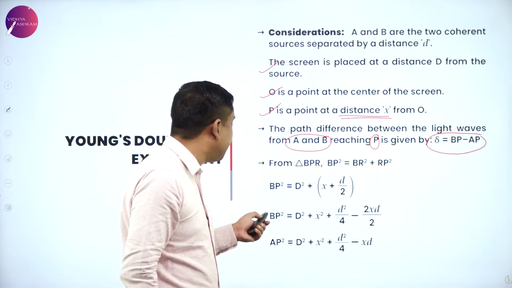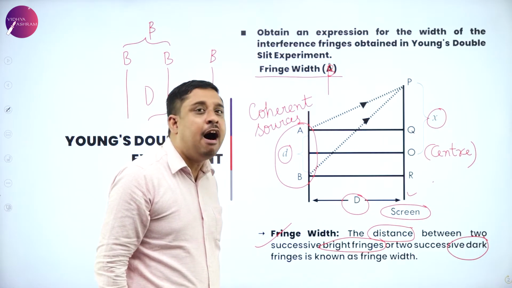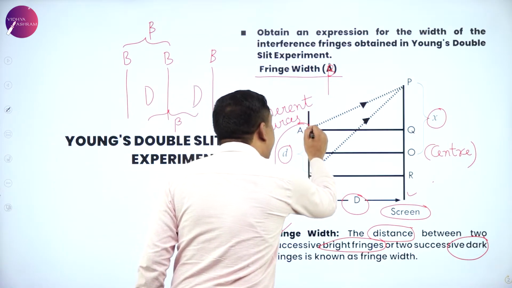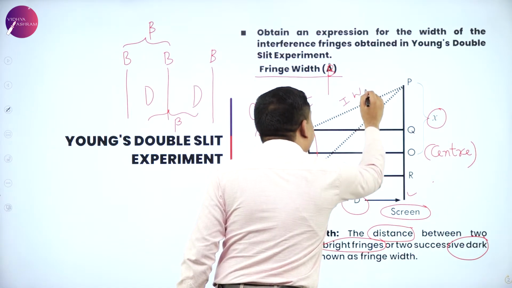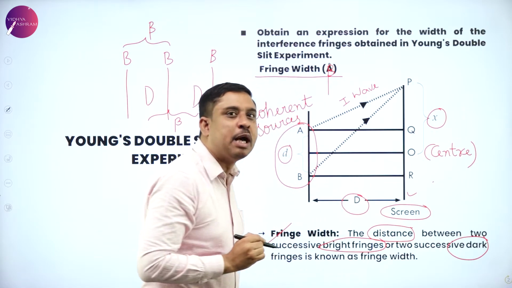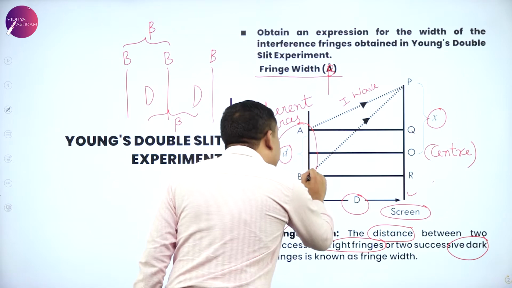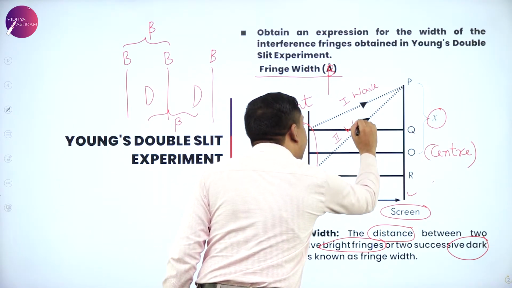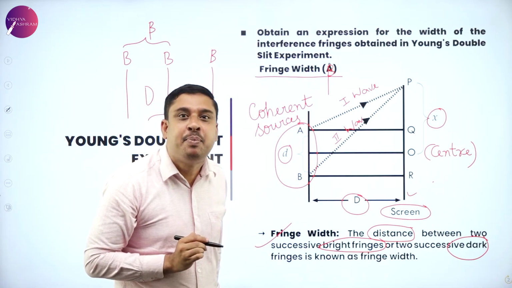What I mean to say here is: from A, this is the first wave which reaches the point P. From the source B, this is the second wave which is reaching the point P.